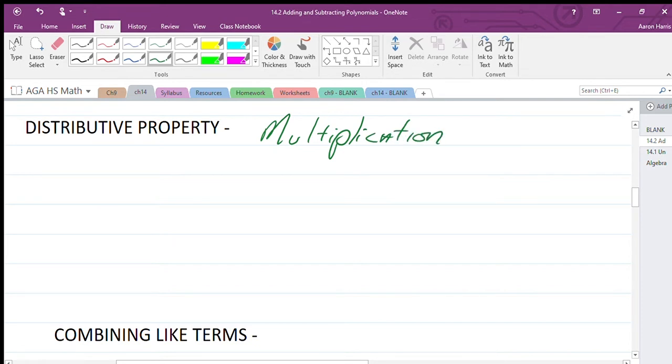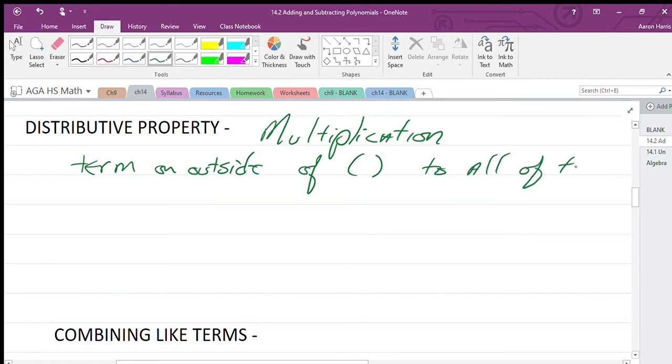You are multiplying one term, I'm going to just say one term on the outside of the parentheses, I'll just use the symbols of the parentheses, to all of the terms. Where? On the inside.